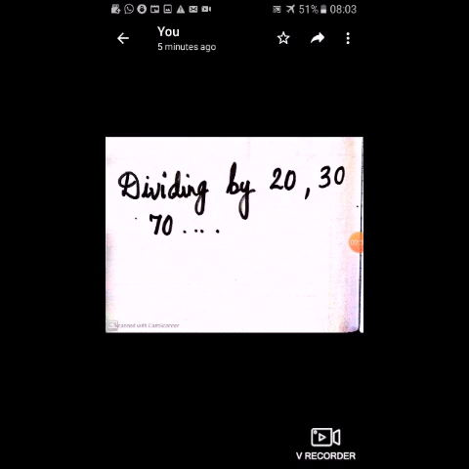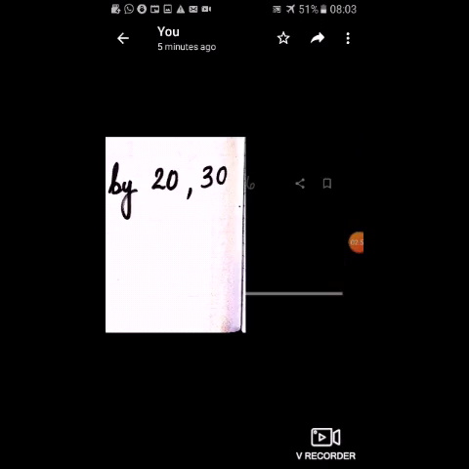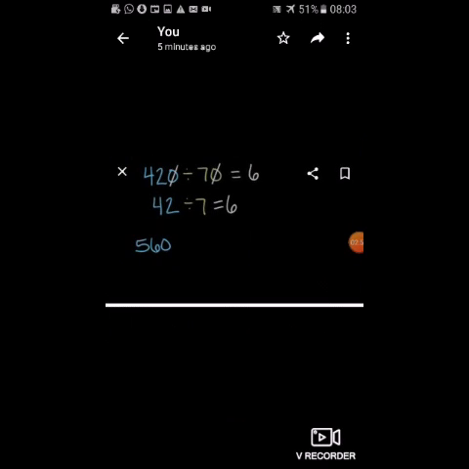Next, dividing by 20, 30, 70 or any of the multiples of 10. How will you divide by 20, 30 or 70 or any multiple of 10? Let's take one example. Here 420 has to be divided by 70.